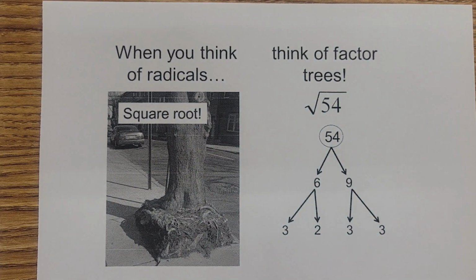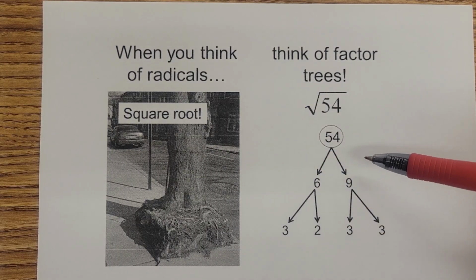A lot of times when you take the square root of something that's not a perfect square, usually you get a decimal that goes on forever and ever, and then you have to round. So then your answer's not completely correct anymore when you round. So we'll be doing simplified radical form.